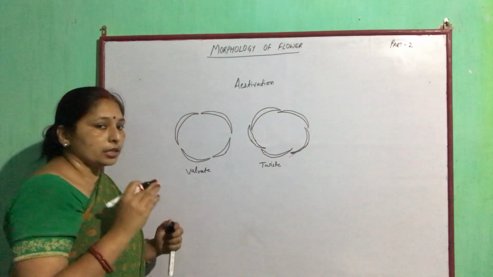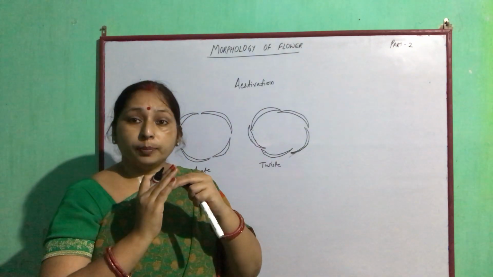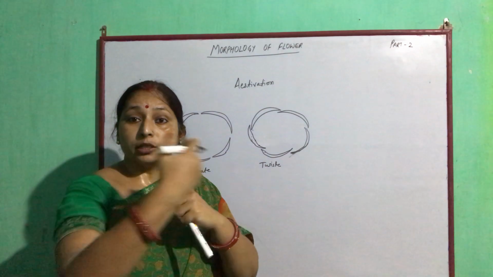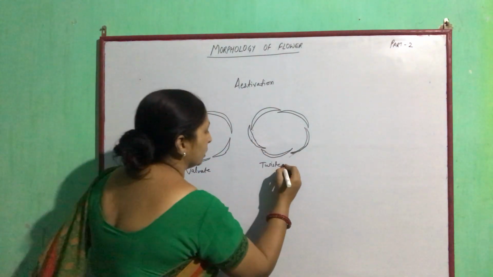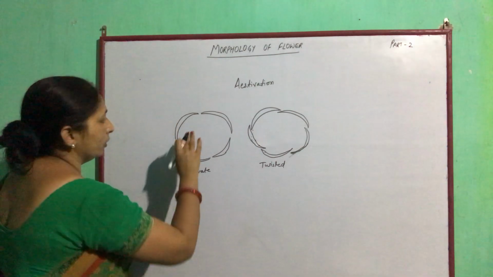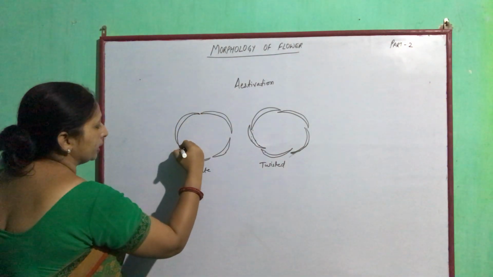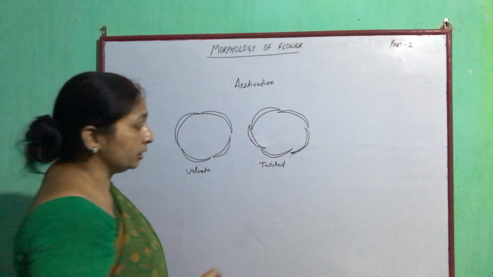If all the structures are arranged and the overlapping is in such a way that one side of the petal is towards the inner side of the flower and one is towards the outer side, then it is twisted. Here it is valvate. They are arranged end to end. They are not overlapped. Then it is a valvate estivation.